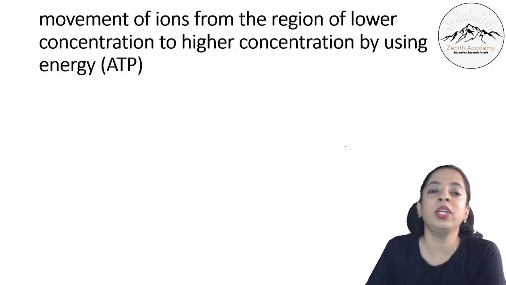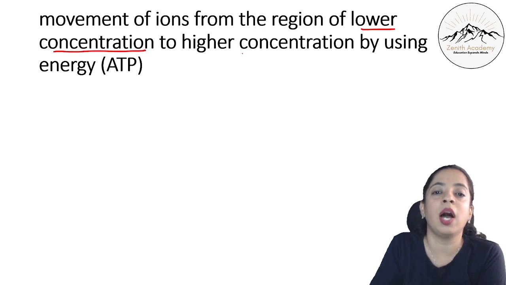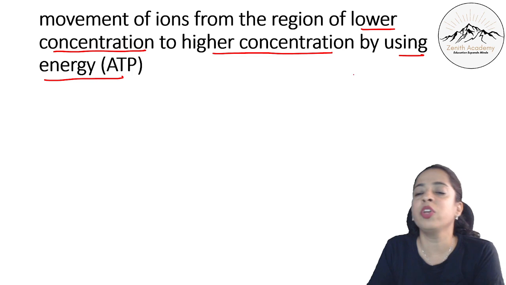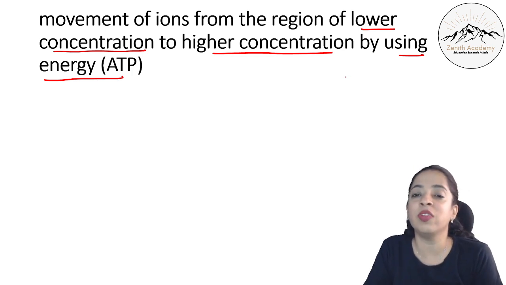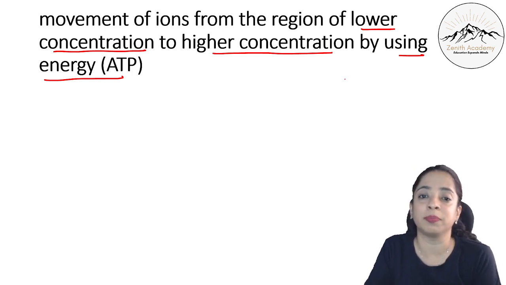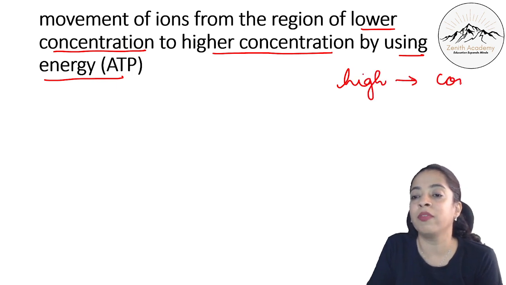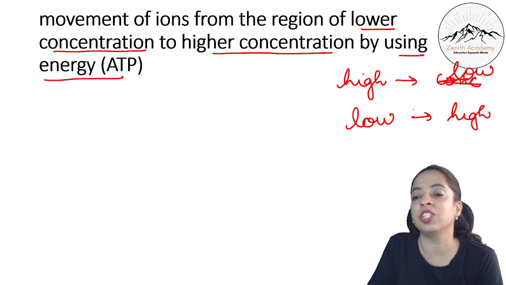Next, movement of ions from the region of lower concentration to higher concentration by using energy. So we know usually the ions will move from high concentration to low concentration, but when it has to move from low to high, it will require some energy, it will require some ATPs.